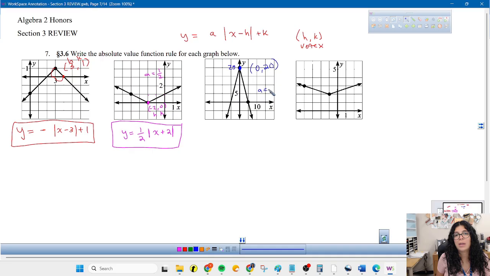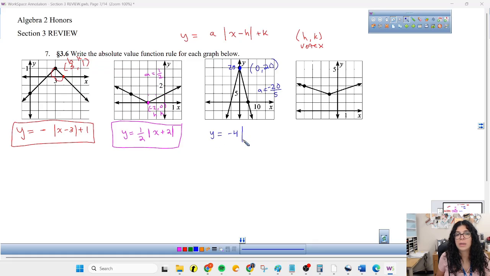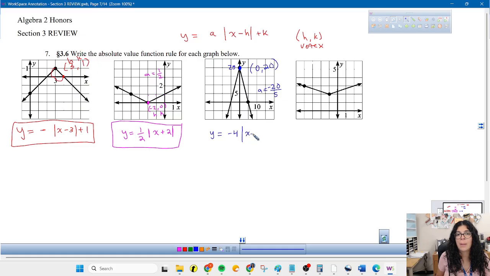So the a value is -4, negative 20 over 5, which is -4. So this equation will be y equals -4 times the absolute value of x plus 0, which we don't have to write, so the absolute value of x, and then plus 20 on the outside.